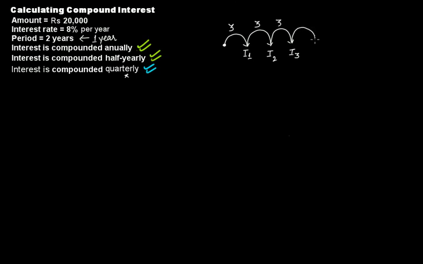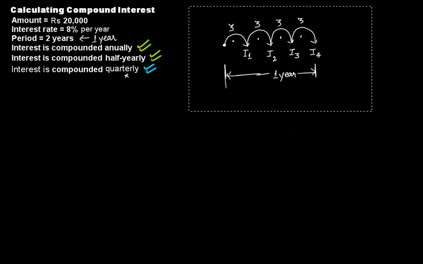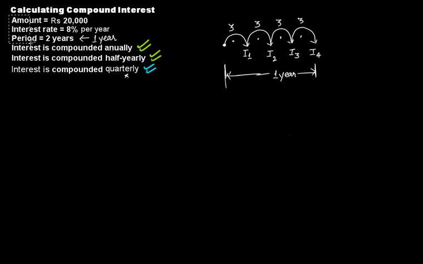And for another 3 months, you'll calculate another interest. So from here up until here, this is 1 year. You have total 4 periods and you are calculating 4 different interests, 4 times. Okay, now let's take this example and begin our calculation.